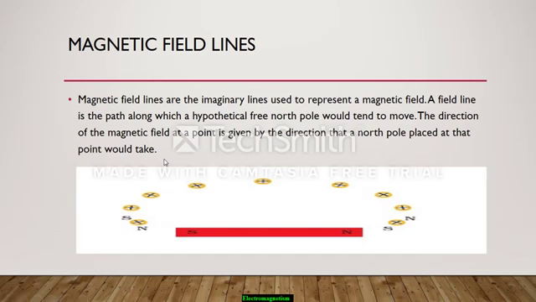Remove all the iron filings, just keep the bar magnet like that, and take that compass needle. First we have to put it at any point. Here you can put, here you can put, any point you can put, and try to see where the north pole, that red color mark, points. Here if we put, we can see that the north pole is pointing like this.